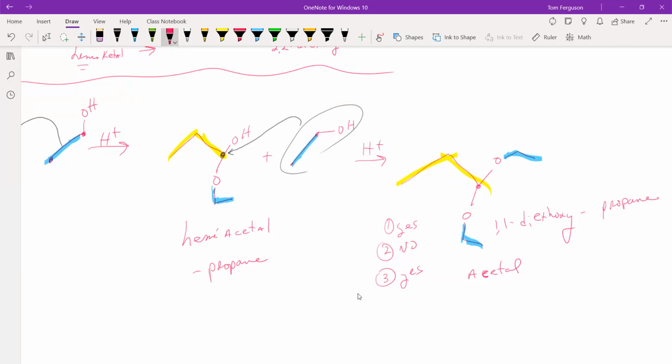This one is going to be a hydroxy and an ethoxy. So 1 ethoxy, 1 hydroxy propane.